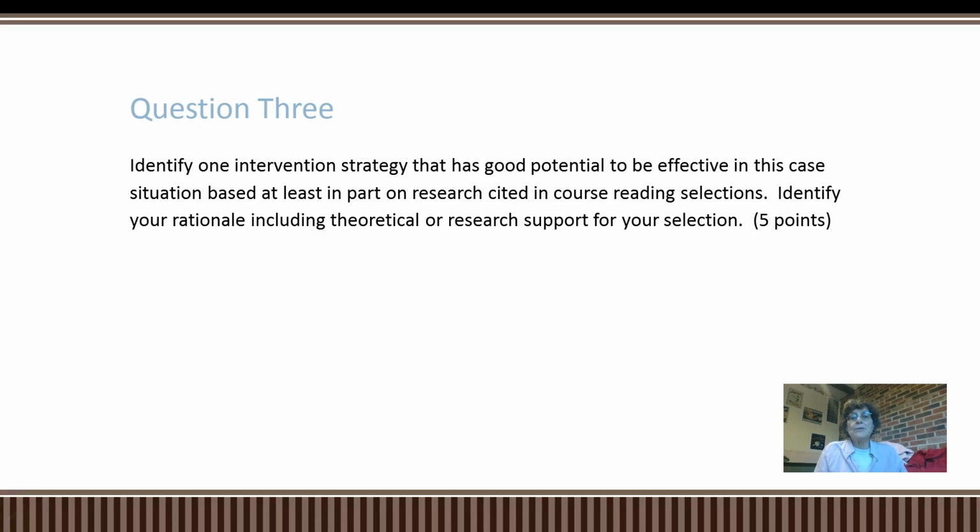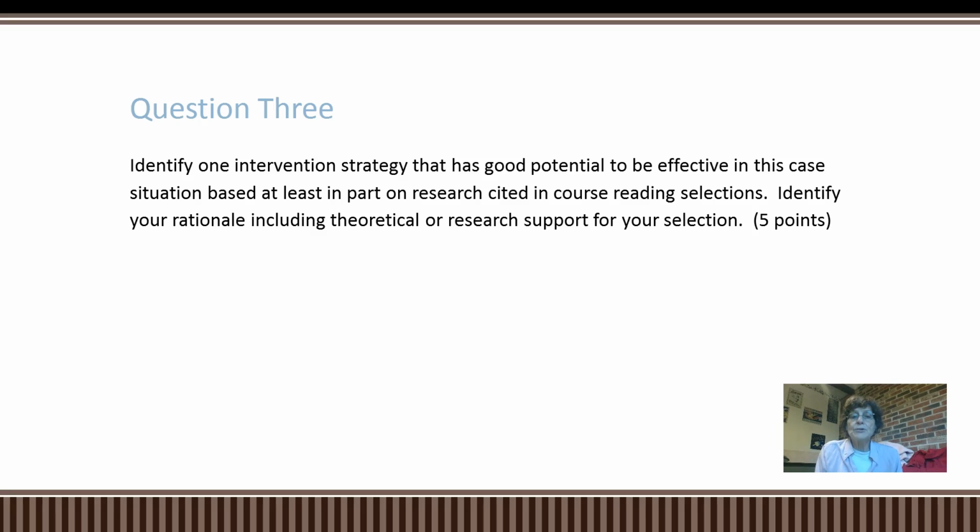Then for question 3, here's where you need to think about your intervention approach. And you want to identify an intervention strategy that has good potential to be effective in this particular case, with this particular child and family, with your particular abilities. And so, of course, you're going to take an evidence-based approach.